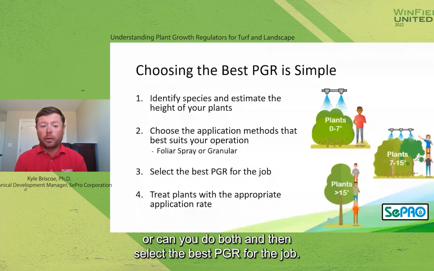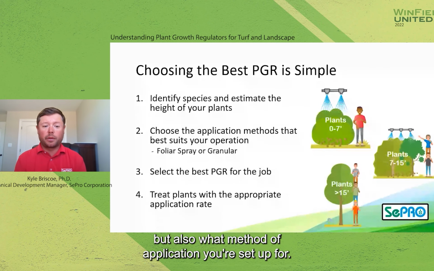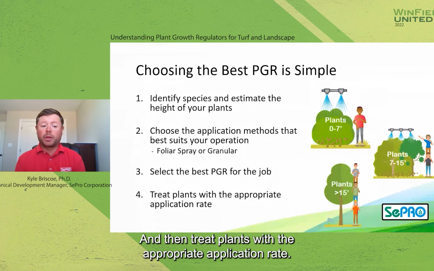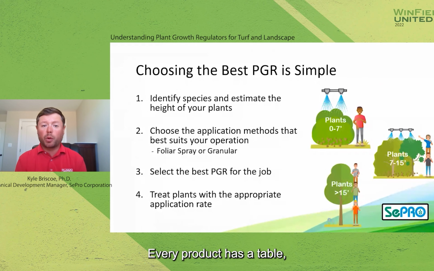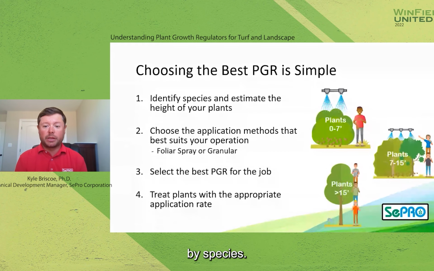Or can you do both? And then select the best PGR for the job. I think that really comes down to, obviously, your species and your height, but also what method of application you're set up for. And then treat plants with the appropriate application rate. Every product has a table, has literature available that has application rates by species.